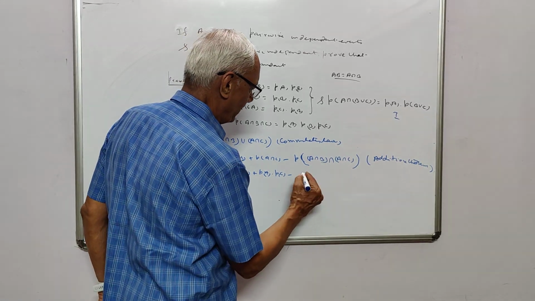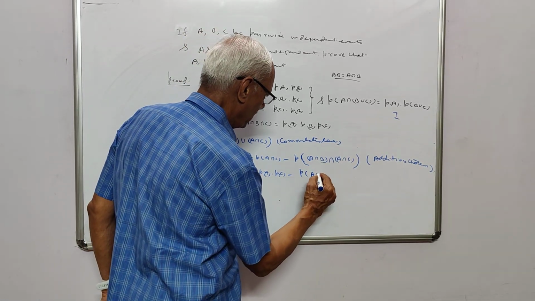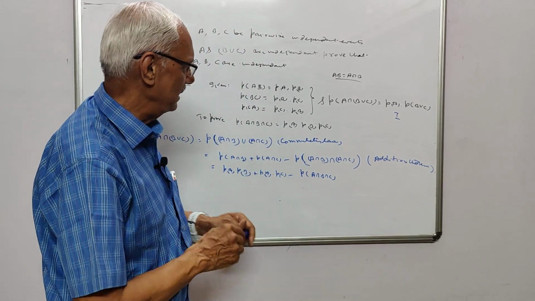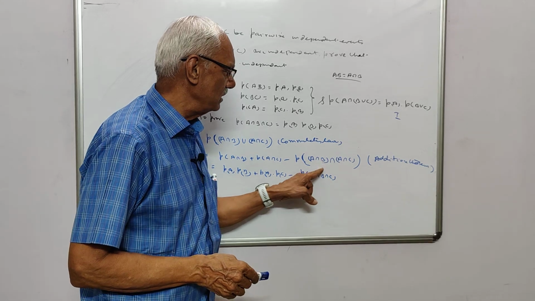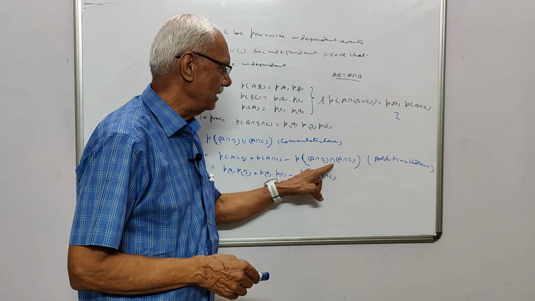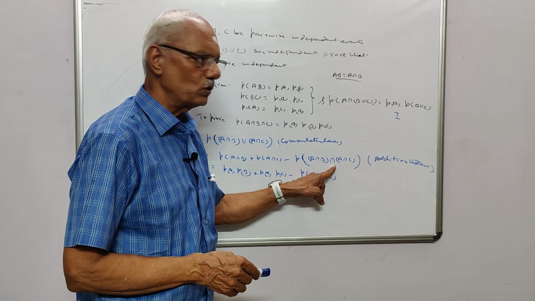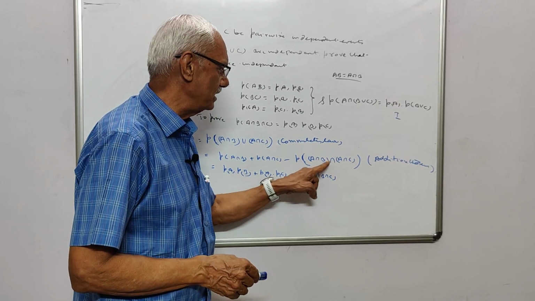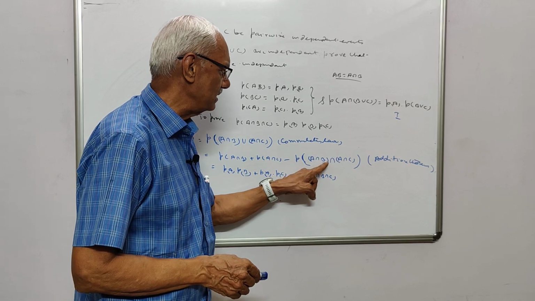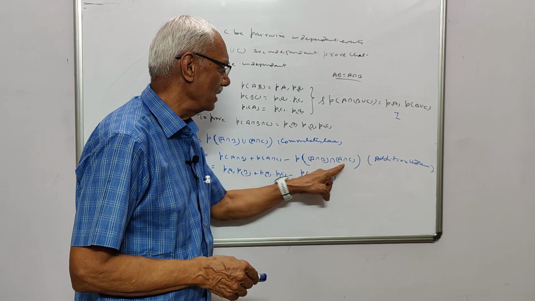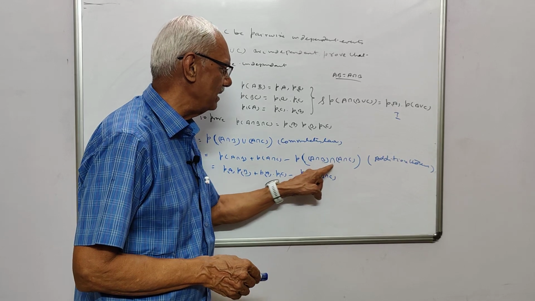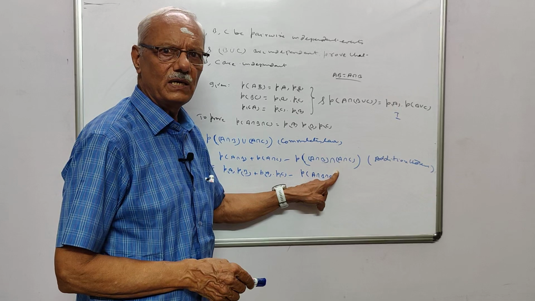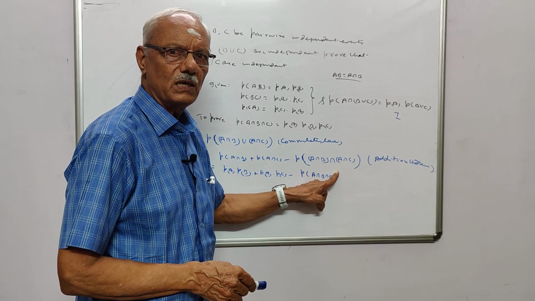So because of this, I will write here P of A intersection B intersection C. You know how it comes? Open this bracket, because the associative law holds good. You write it as A intersection B intersection A intersection C. But B intersection A is equal to A intersection B, because the commutative law holds good in the case of intersection, that is conjunction.